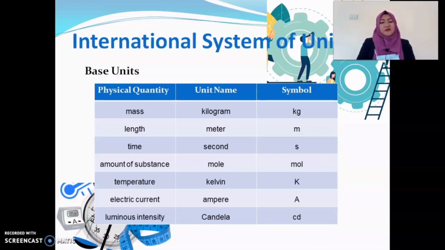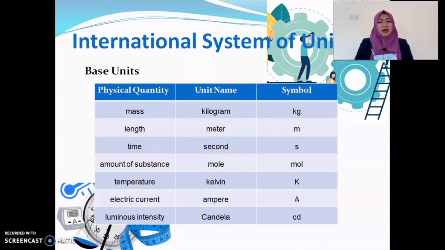So, in France, an international conference happened and they evolved the 7 base units, which are mass, length, time, amount of substance, temperature, electric current, and luminous intensity. And these 7 base units make up the international system of units.